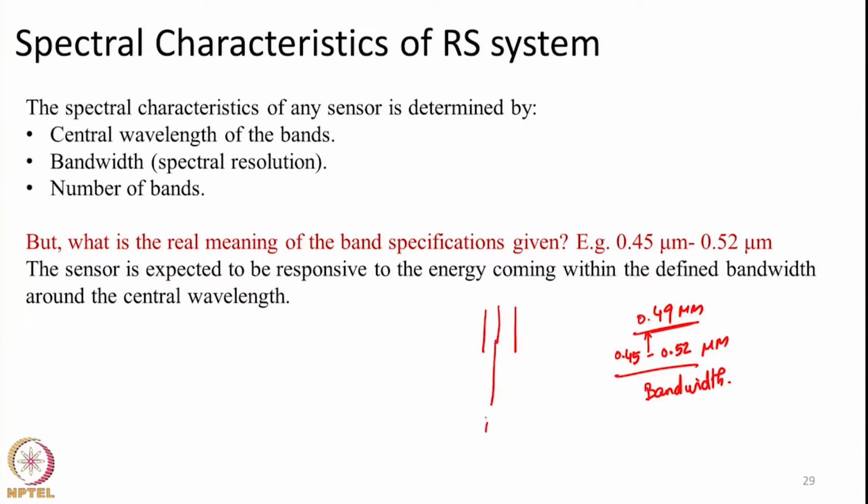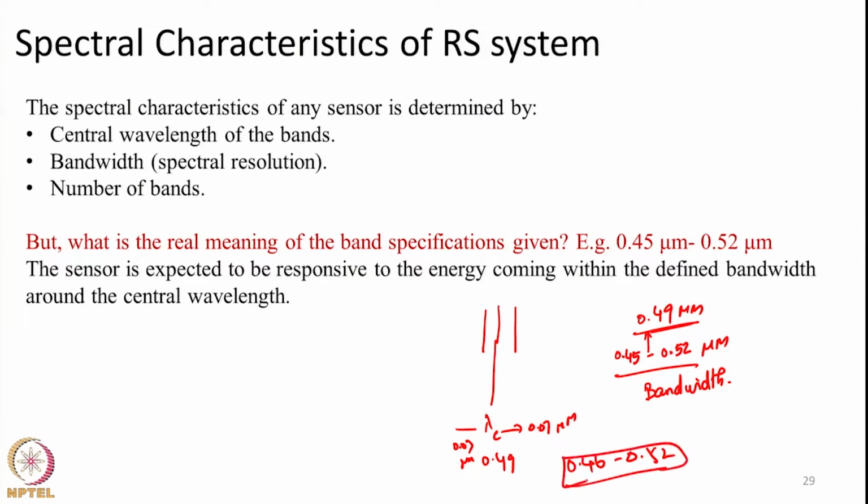So, this is lambda c, central wavelength, maybe 0.49. So, here we have 0.03 micrometers, here we have 0.03 micrometers. So, essentially we have 0.46 to 0.52 roughly of this size.